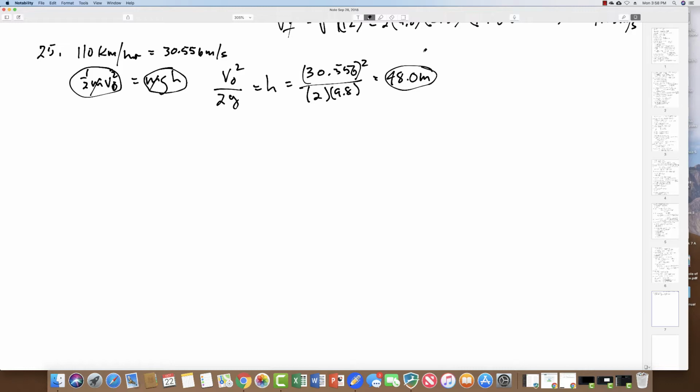Now the second part of this question, if in actuality a 750 kilogram car with the same initial speed is observed to coast up a hill 22 meters above its starting point, how much thermal energy was generated by friction?